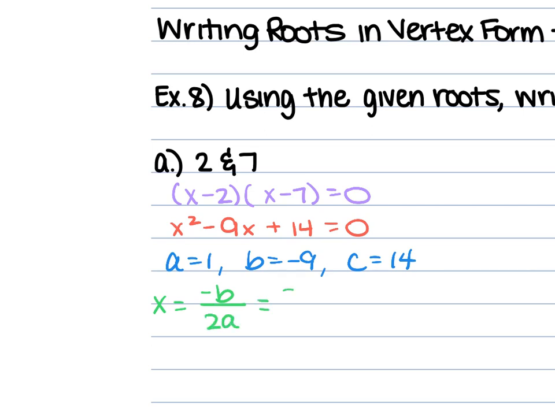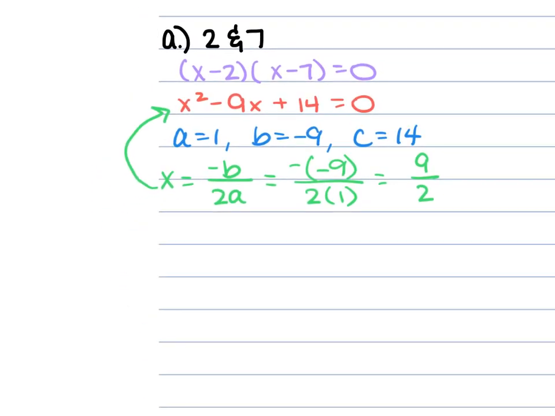Your negative b is negative times negative 9 over 2 times 1, which is 9 over 2. You are going to plug this in for wherever x is in that equation of that x squared minus 9x plus 14 and simplify. So this is going to be 9 over 2 squared minus 9 times 9 over 2 plus 14 is equal to 0.